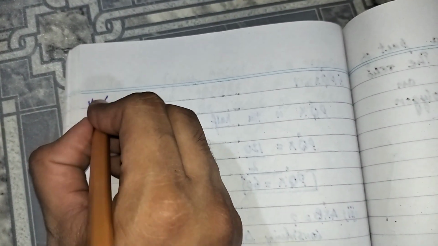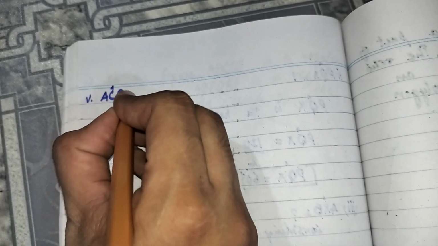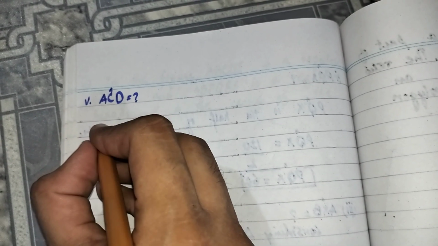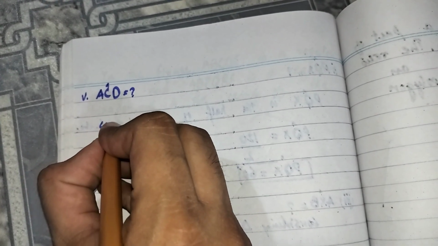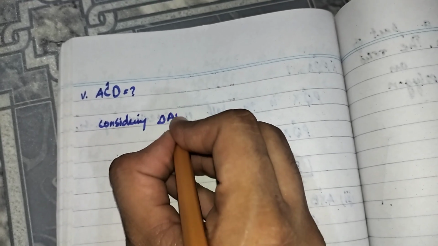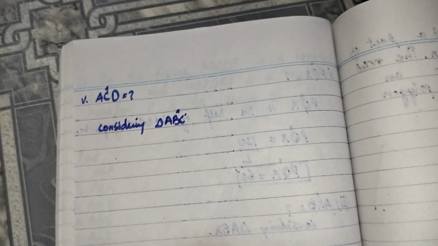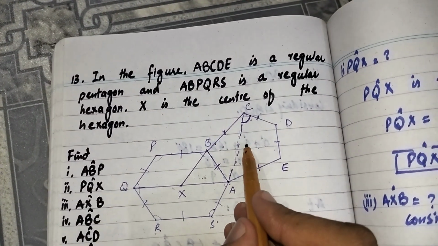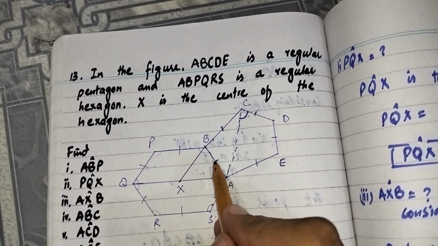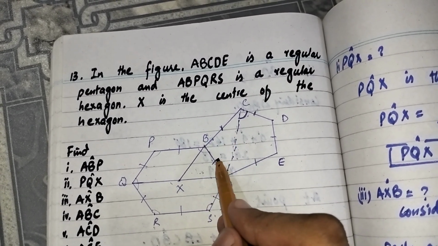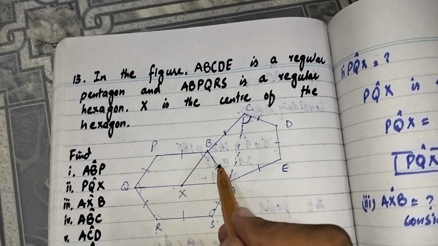In triangle ABC, this side and this side are sides of the pentagon, and these two sides are equal, as the given pentagon is a regular pentagon.